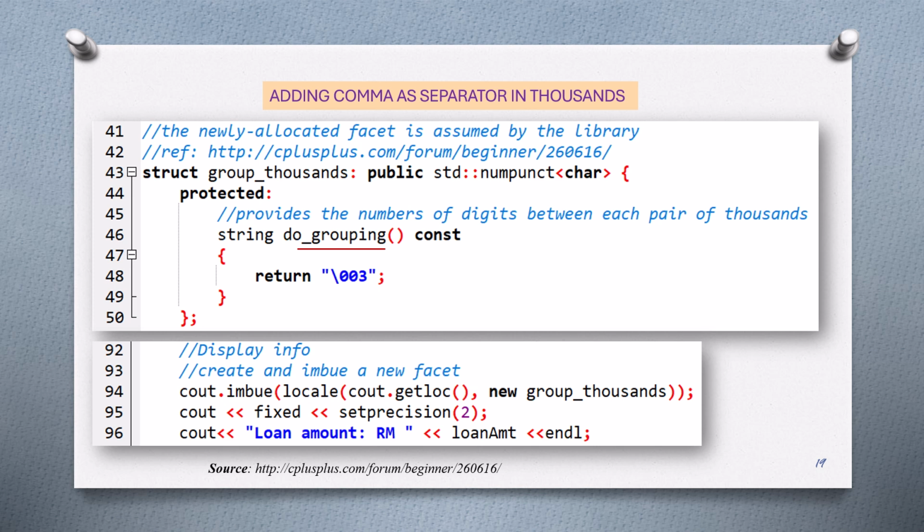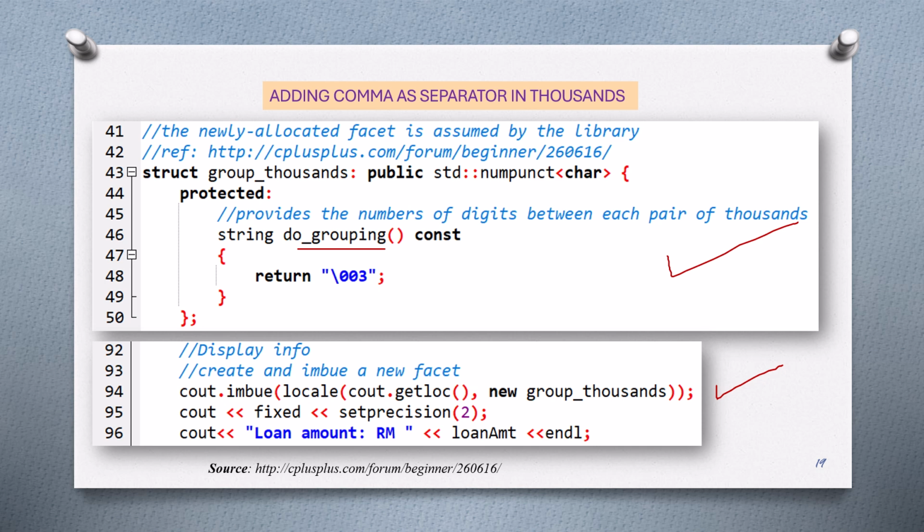But for now, it is enough for you to use this particular segment if you want to beautify or enhance your output display. This is to manipulate the formatting of the output. So just add this segment, and then call the imbue method.